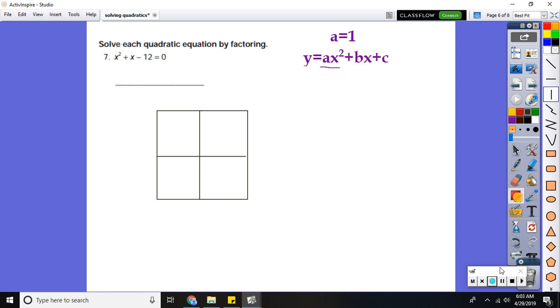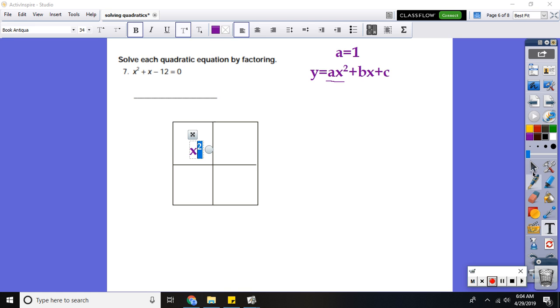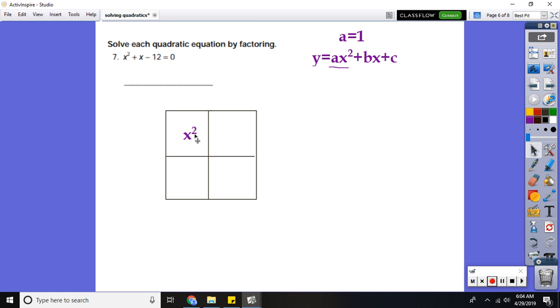And when we're factoring, we fill in the inside boxes first and then move to the outside. So we always know that the squared term is always in this top left box. And my constant term is always in the bottom right box, this minus 12.